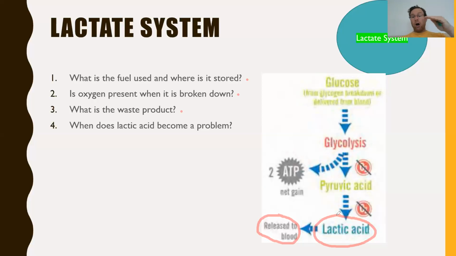If I work hard and lactic acid is being accumulated and I can't get enough oxygen into my body, then lactic acid begins to accumulate and accumulate until it reaches a point where I start to notice it. I might start to notice it as that burning sensation, and then ultimately it will stop me breaking down new fuel. So I'll start to get weaker muscle contractions. So lactic acid becomes a problem when it starts to accumulate in our muscles.